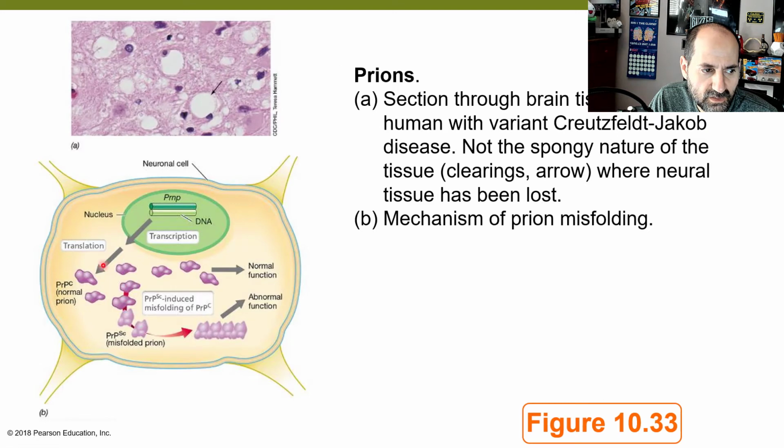Everyone has properly folded prion proteins in their neurons.